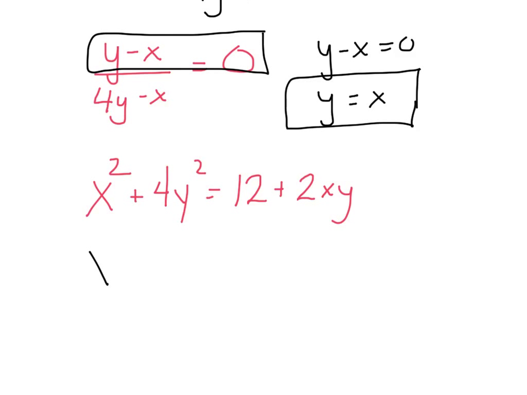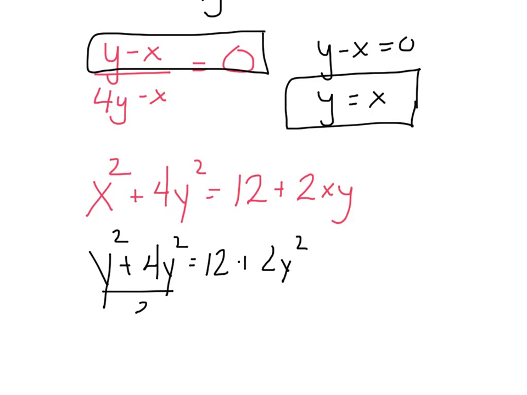So I'm going to plug in my y and get y squared plus 4y squared equals 12 plus 2 times y times y, which is 2y squared. Clean that up. That's 5y squared. Bring that 2 over. I get 3y squared equals 12. y squared equals 4, so y equals plus or minus 2.